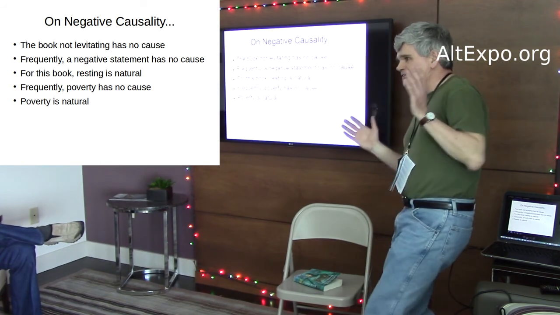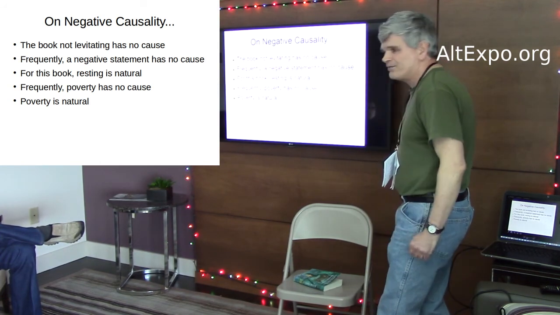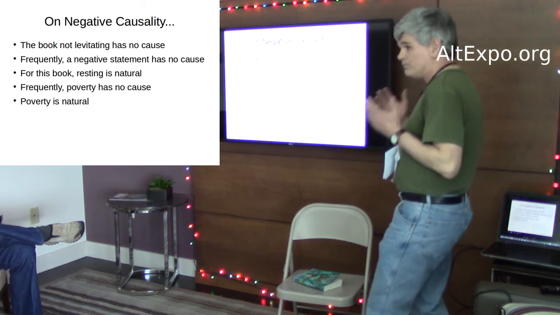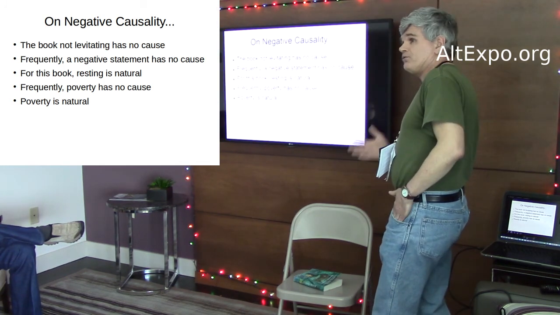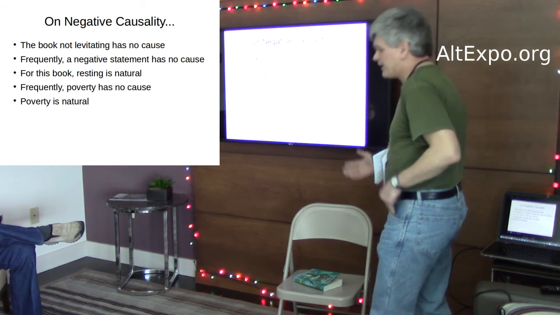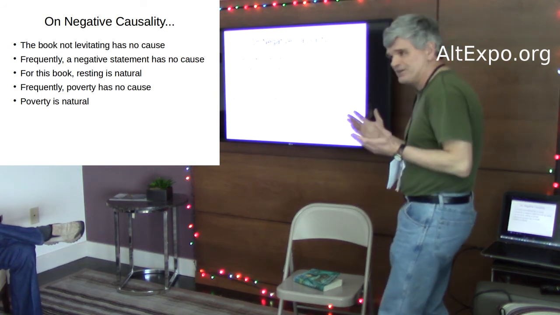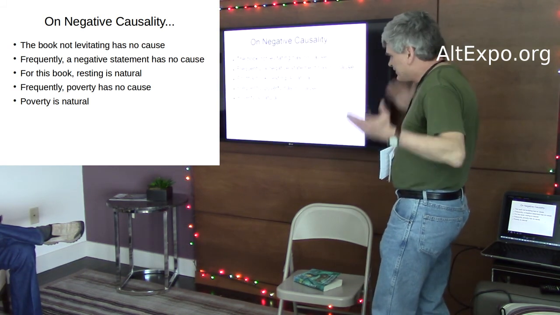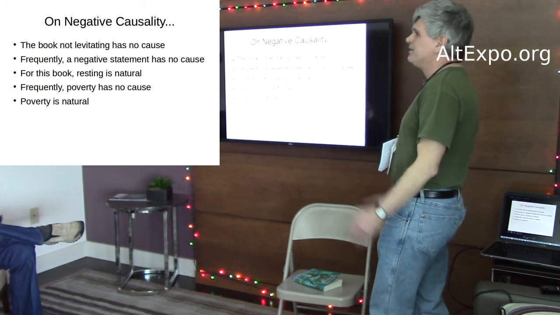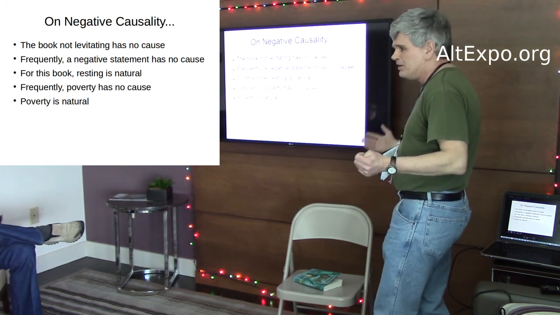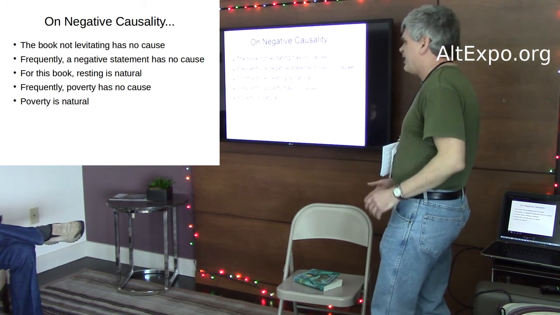Now, I'm going to guess that when people hear this statement, poverty is natural, many people are going to have an emotional reaction similar to the emotional reaction that folks in the 16th and 17th century had when they first heard the Copernican model. What? You mean we're not at the center of the universe? But we're human beings. We're made in God's image. We must be at the center of things. We must be the most important creature.